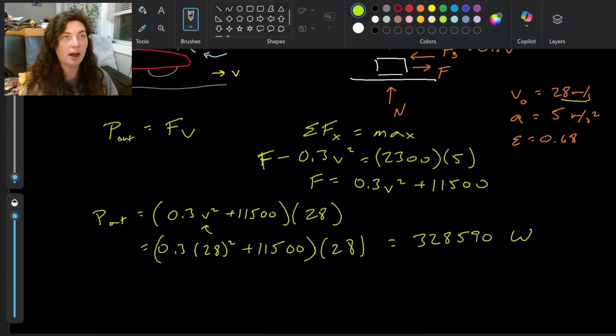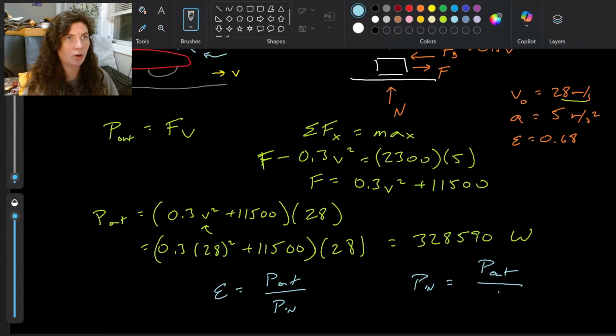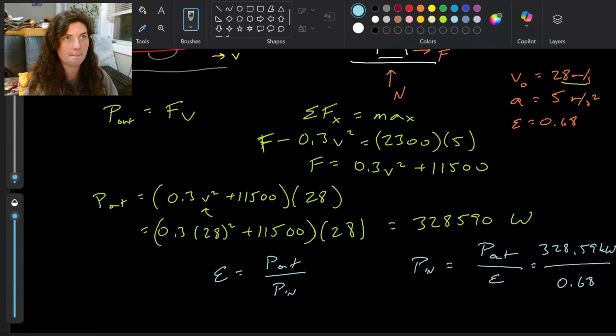So now that I know the power output, I can use my efficiency relationship to find the power input. Efficiency is our power output over our power input. If I rearrange this, my power input is the power out over my efficiency. So that's 328.59 kilowatts over the efficiency of 0.68.